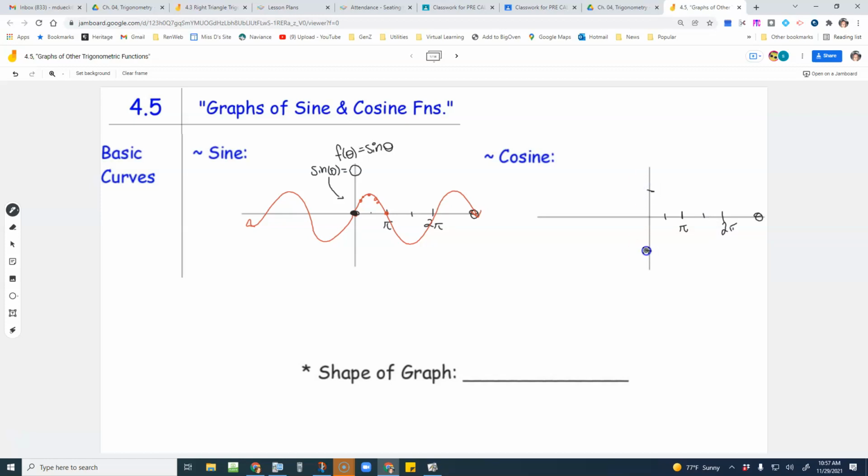Still going to go up to 1, still going to go down to 1. It's going to have other things in between, like my 1/2 and my root 2 over 2 and my root 3 over 2 and my negative 1/2, negative root 2 over 2, negative root 3 over 2. All those could be marked. They're just really awkward numbers, so we usually don't. We usually just kind of get that 1 up there, get that negative 1 down there.